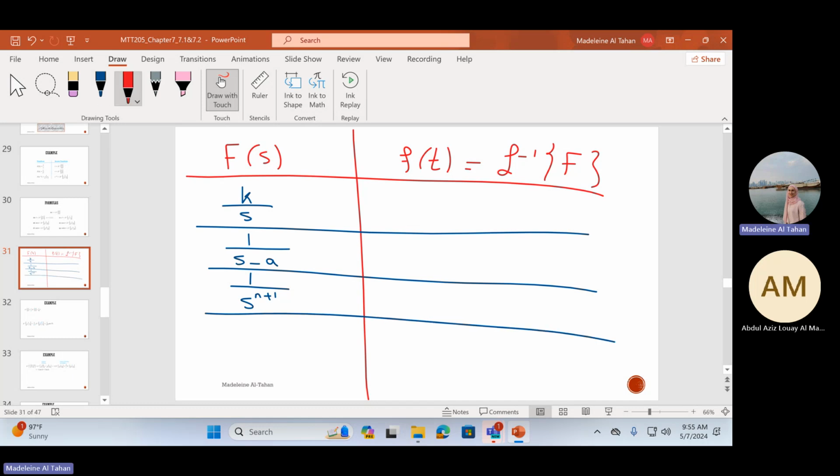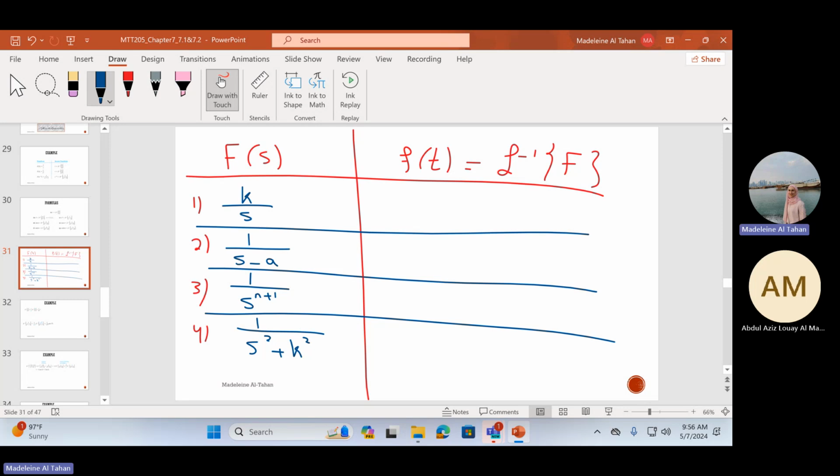This is the first, this is the second. I will keep it. Now, the fourth, we will write 1 over s squared plus k squared. Let's stop a little bit at these ones and then we'll continue with the other ones.